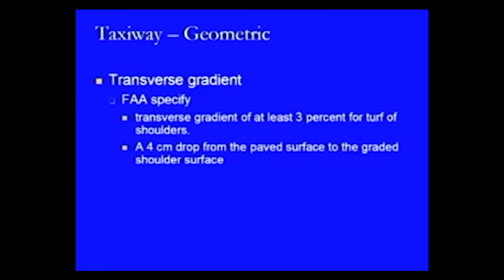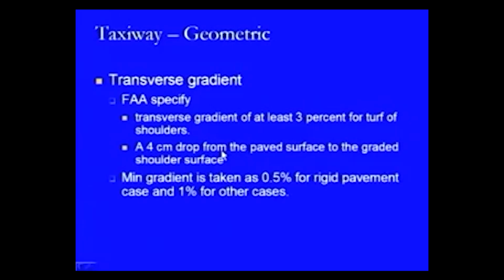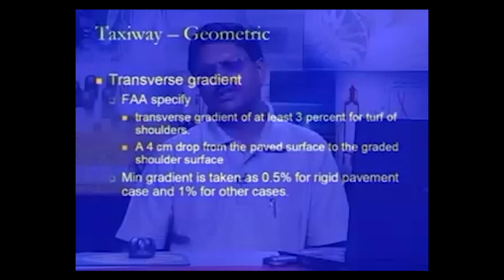That is another recommendation being given by FAA. The minimum gradient in this case is taken as 0.5% for the rigid pavements and 1% for the other pavements. This remains the same as in the case of the runway strips, because here as well as there the concept remains the same, and that is the drainage of water.